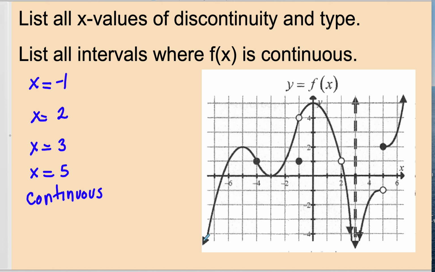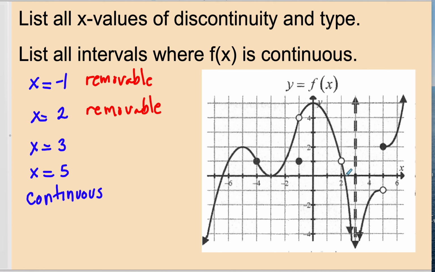So we're going to go ahead and follow the graph, and then all of a sudden there's an interruption, and that's at x equal to 1. And this interruption is a removable discontinuity. Now let's continue drawing, and then again we have a hole here at 2, so we know this is a removable discontinuity.